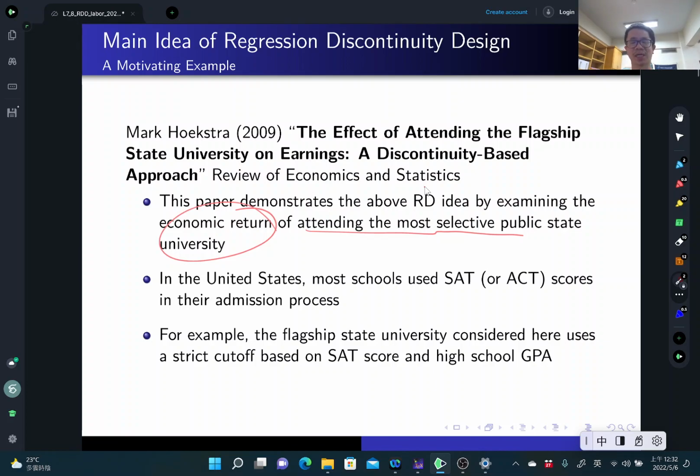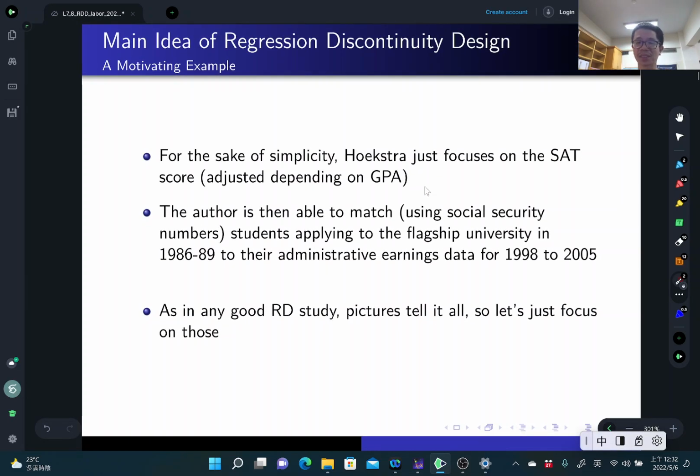You can think of some universities, for example Harvard, that have a minimum SAT score or high school GPA. For simplicity, the authors just focus on the SAT score and make some adjustment based on GPA to combine these two criteria.